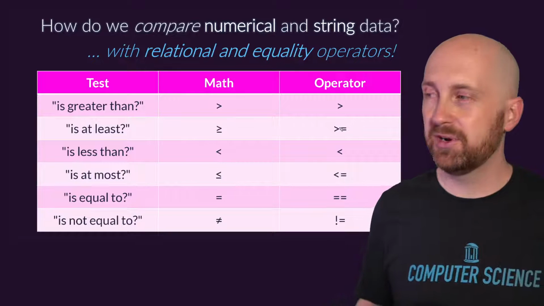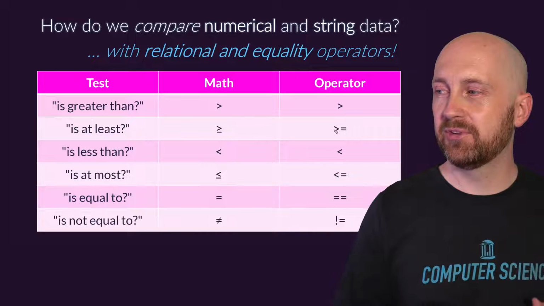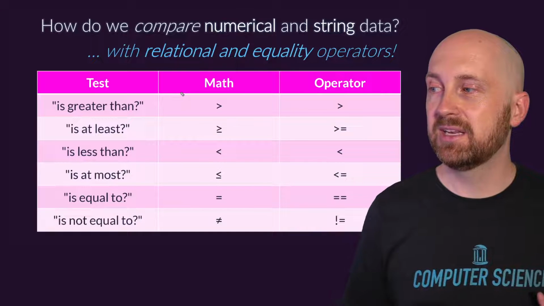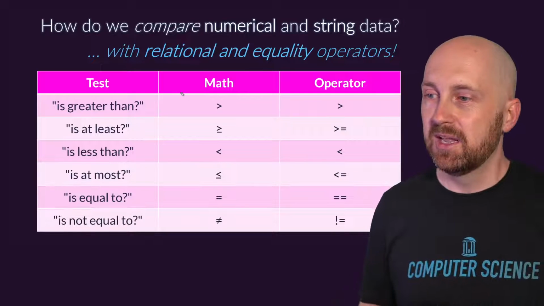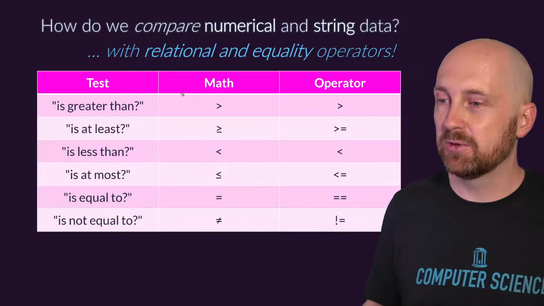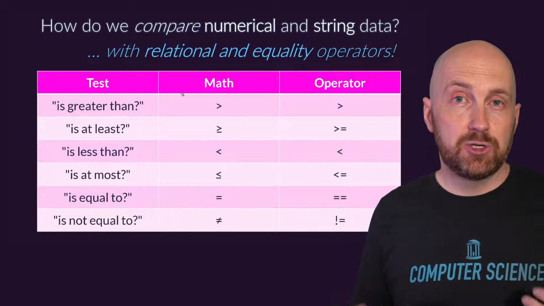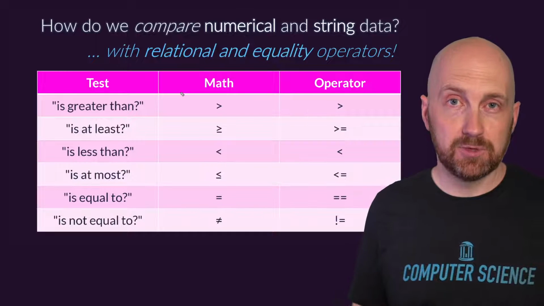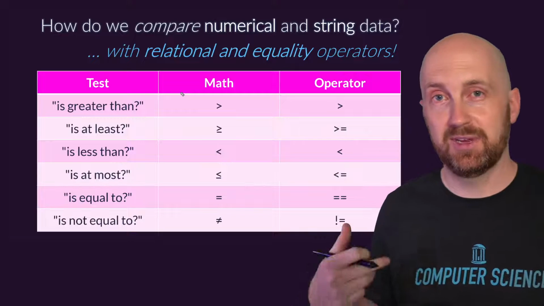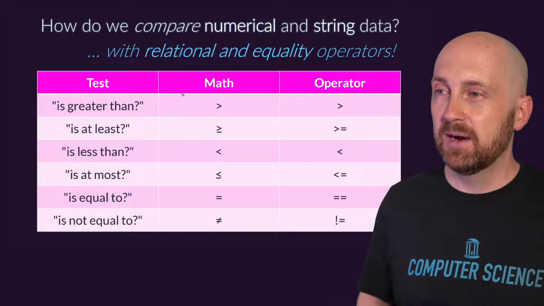The order is important here. You can't flip these two symbols around and say equal, greater. The operator is a greater than symbol followed by an equal symbol. There's a less than operator, there's an at most, or a less than or equal to. And then we'll see that there are two equality operators, equal to and not equal to: the double equal symbol and the exclamation point followed by the equal symbol.